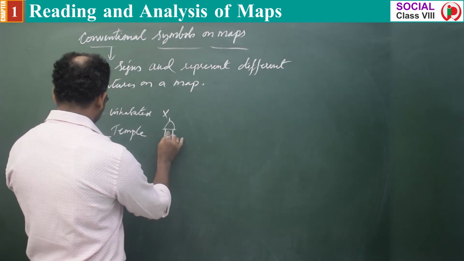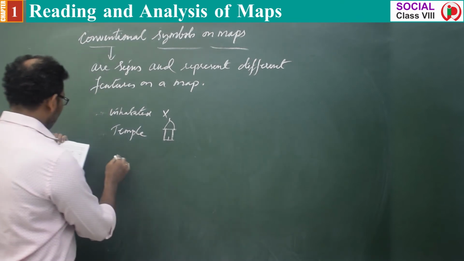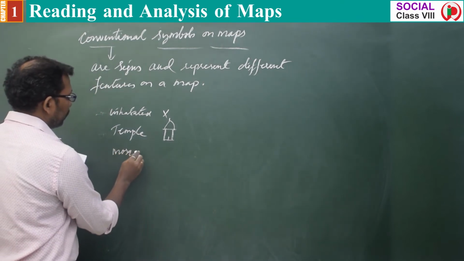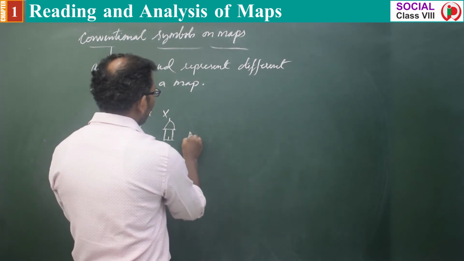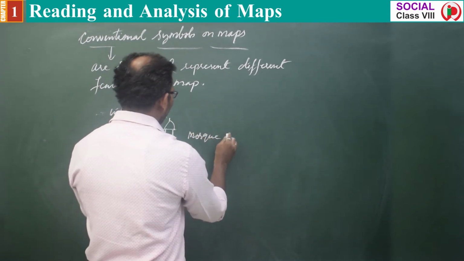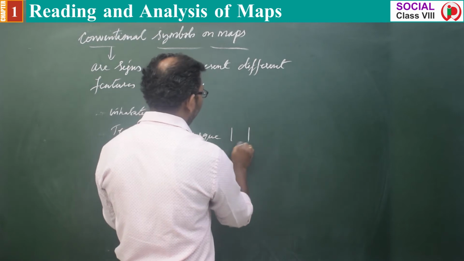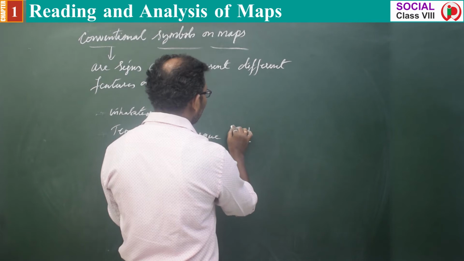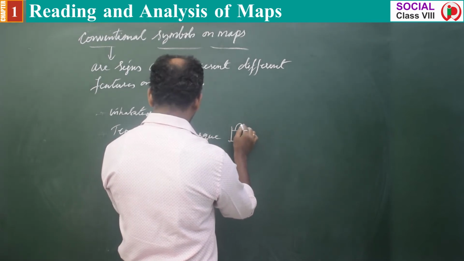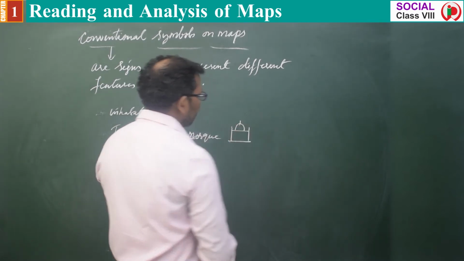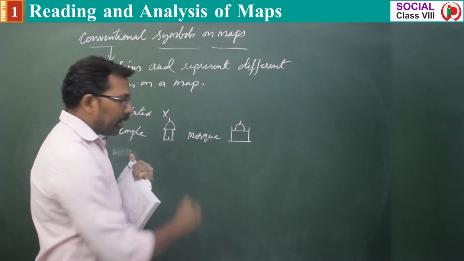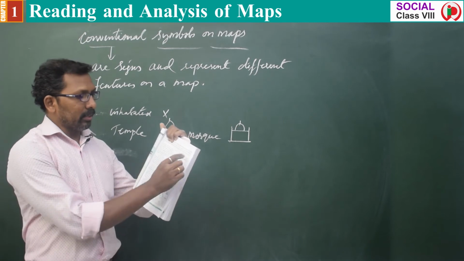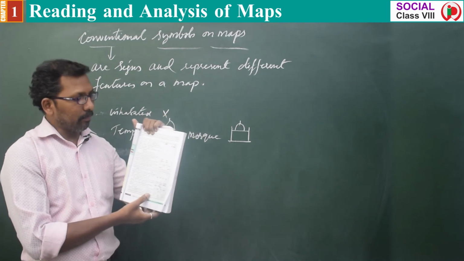Mosque. This is the mosque. So if we see, there are different particular symbols which show the different particular places.